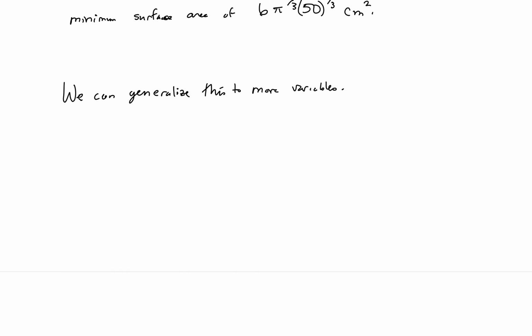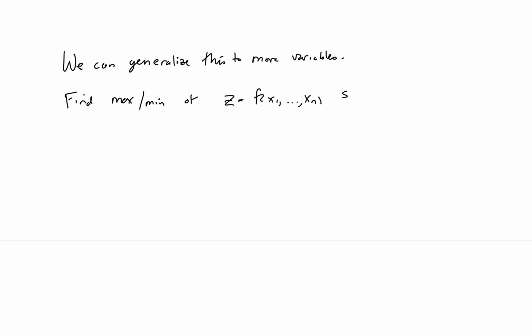So we can't draw pictures of it, but if we want to find the maximum and minimum, let's say we have a function of n variables. So n could be anything from 2 to any number as high as you want, subject to the constraint.